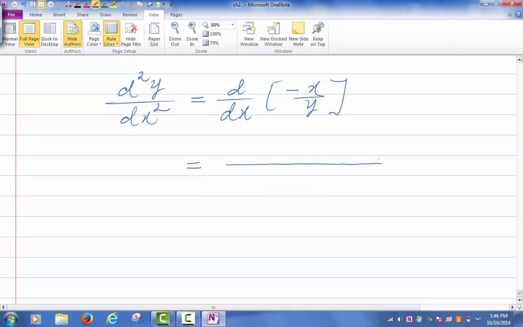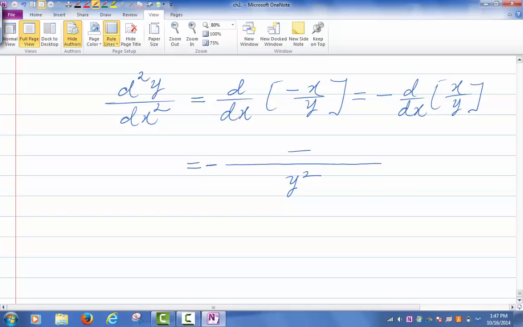The denominator y is a function of x, and the numerator is a function of x. So quotient rule says I get y squared here. I am going to write it as negative derivative of x over y. I can factor out that negative sign.